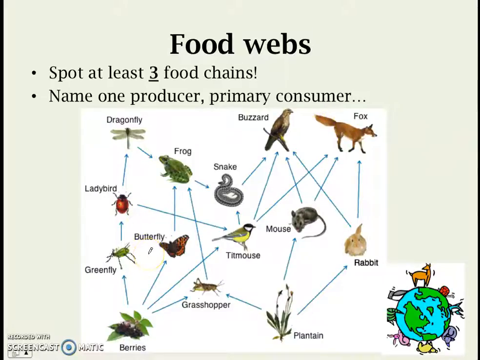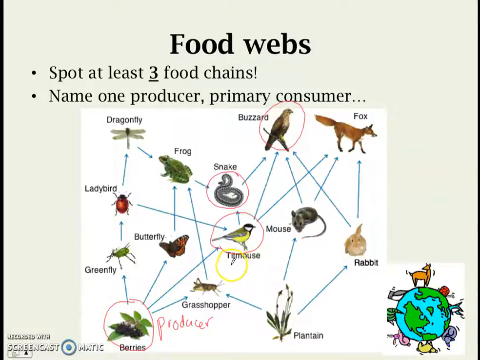Alright, I hope that you managed to find a food chain. So I'm just going to show one example, which involves the berries, right, which are eaten by the titmouse, whatever that is, this kind of bird, I guess, then the snake, right, and finally the buzzard. Right, so hopefully you would know by now that the berries, we call it the producer, right?